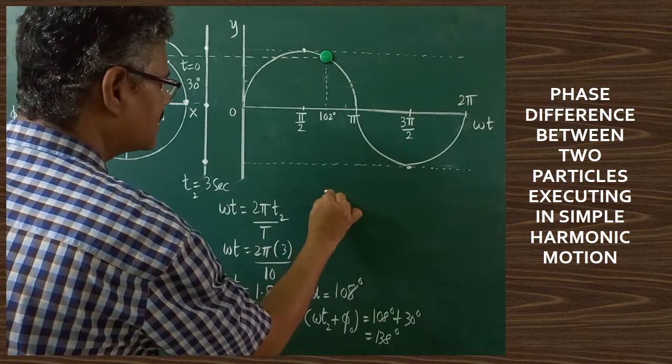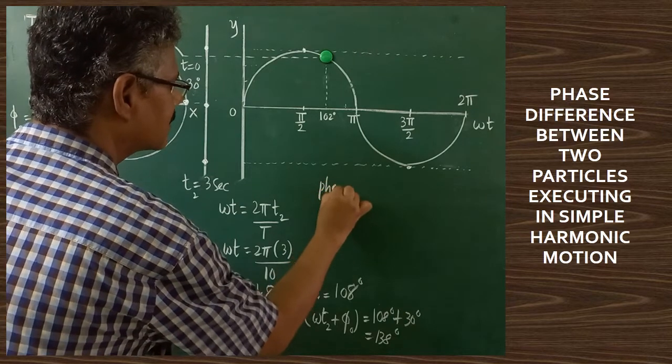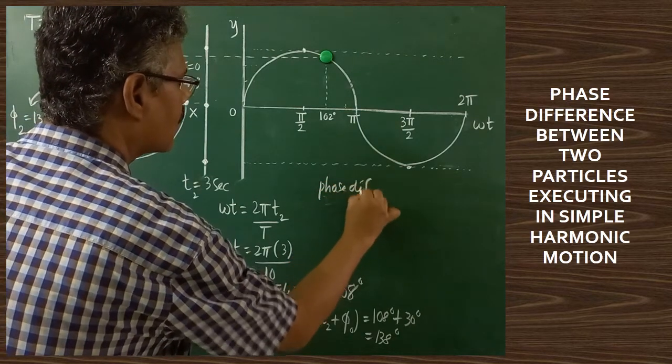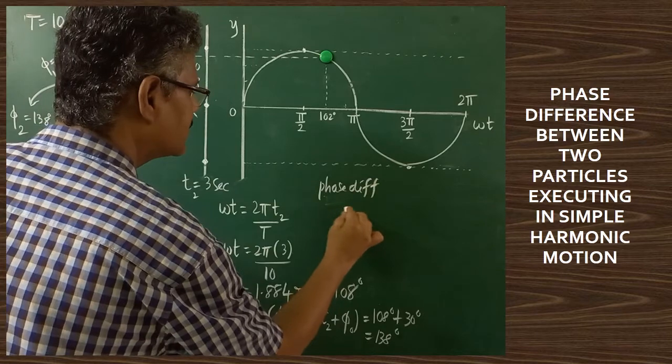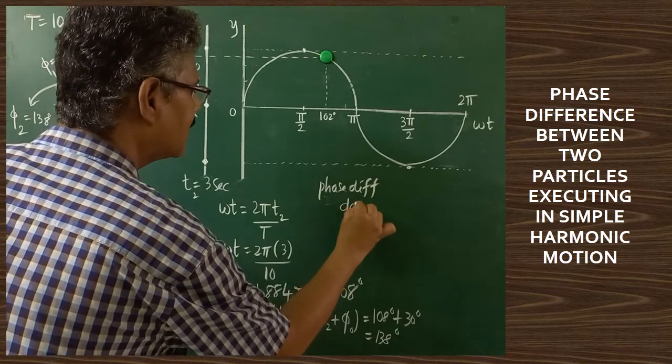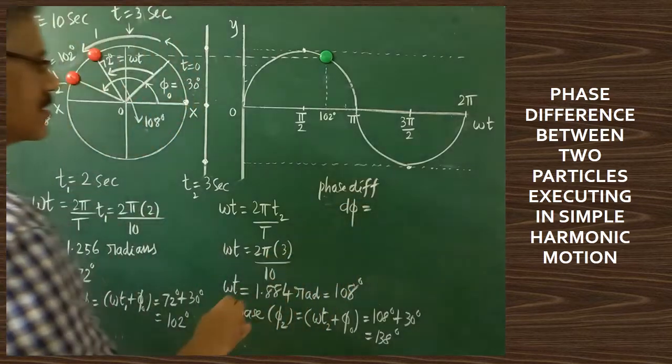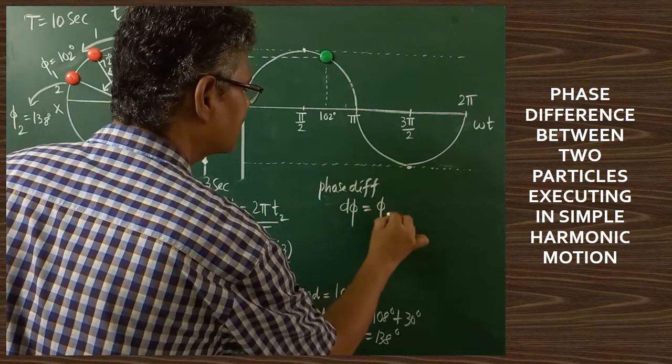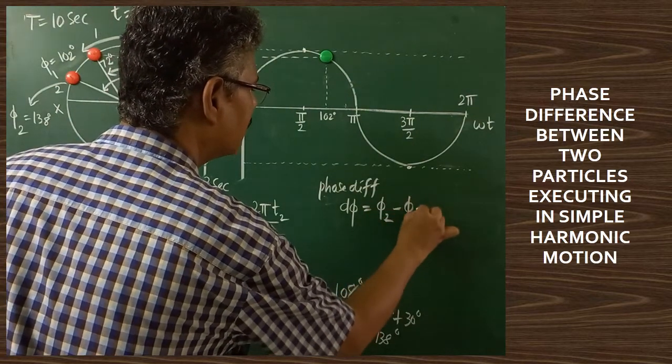How to calculate the phase difference? That can be represented by the letter delta phi. Which one leads? The second one leads. So delta phi is phi 2 minus phi 1.